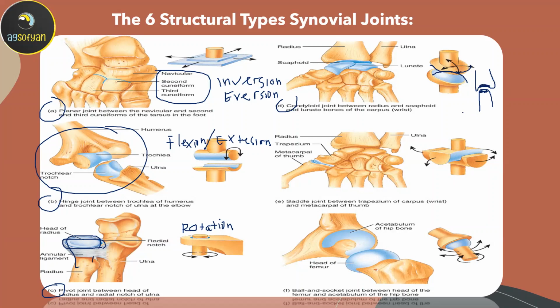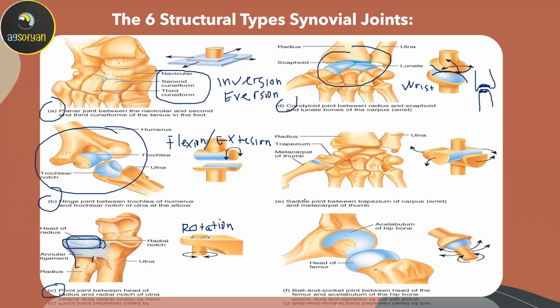So this is the type of condylar joint. An example is between the scaphoid and the radius. This is located in our wrist. And we can make several movements over here, like flexion, extension, and circumduction with this type of condylar joint.